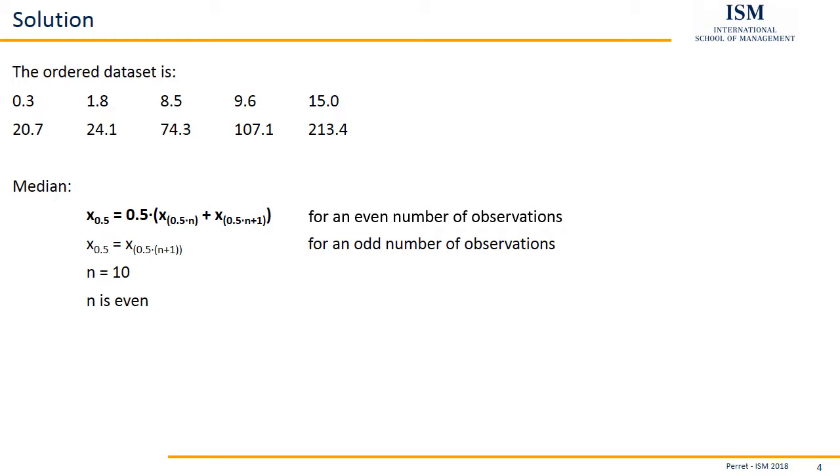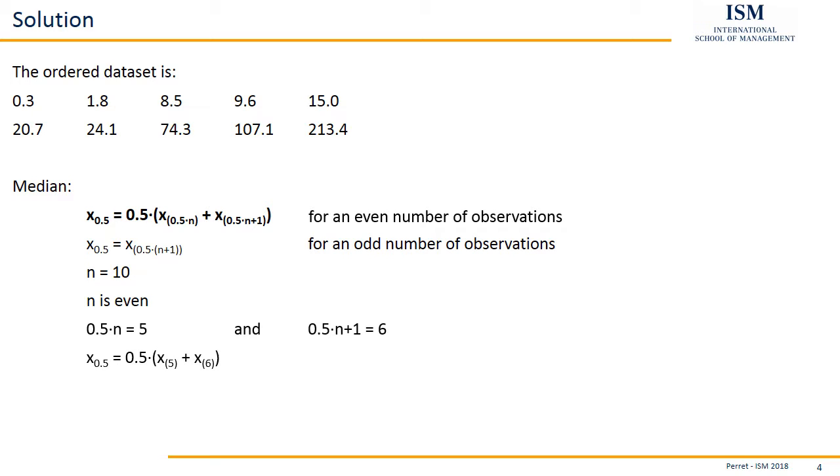For the first formula, we need two different indices. First is 1/2 n, so 0.5 times 10 is 5, and the other one is that plus 1, which means 6. So we need to consider the fifth and the sixth data point in this ordered data set. What's the fifth data point? That's the 15.0, and the sixth is the 20.7.